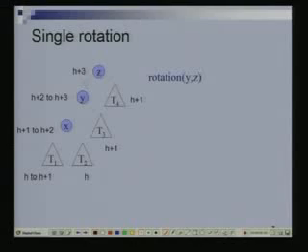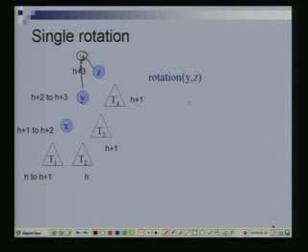So what do we want to do? We want to move this up so that it will come here and y will become the parent of z. Yeah, so this is what the rotation is.